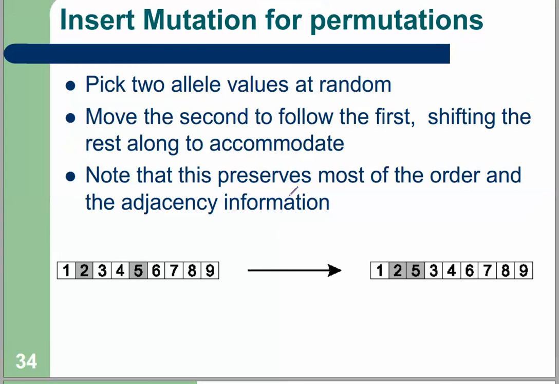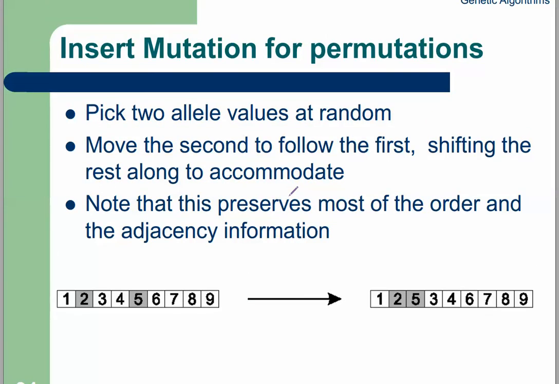In this part we want to explain some versions of mutation for permutation representation. The first version is insert mutation. In this method, pick 2 alleles or 2 values at random. For example, if we select 2 and 5, move the second to follow the first, so we insert 5 after 2.